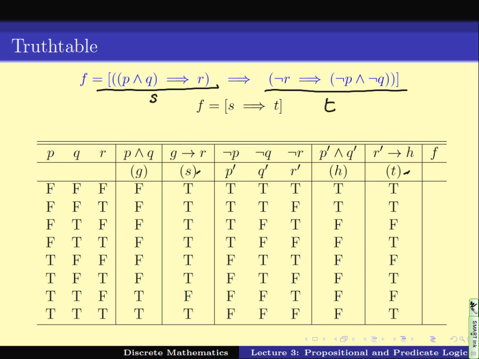Let's see. True implies true, correct? True implies false, and that is not true, that is false. So in fact, when you write down this whole equation, you realize that the function f evaluates to false in two cases and true in the rest.